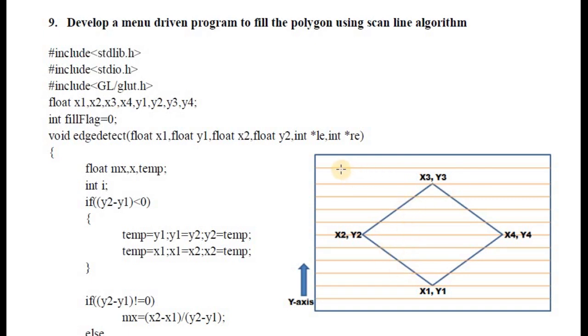Okay, so see these lines what you are weaving over here, these we call it as scan lines. And this is the y axis, whereas this would be the x axis. To draw this polygon, first we are going to draw a polygon by getting the four points like this, and then draw the polygon.